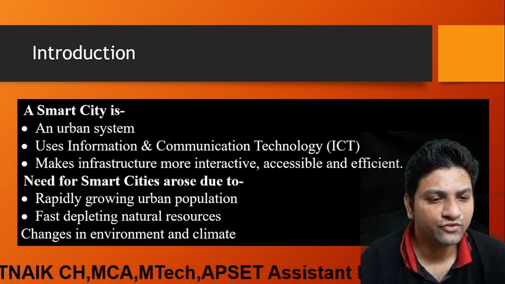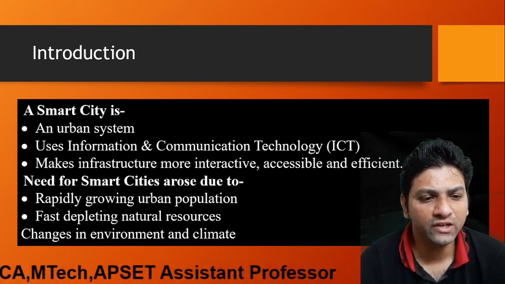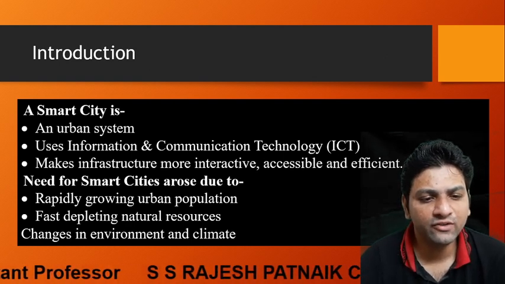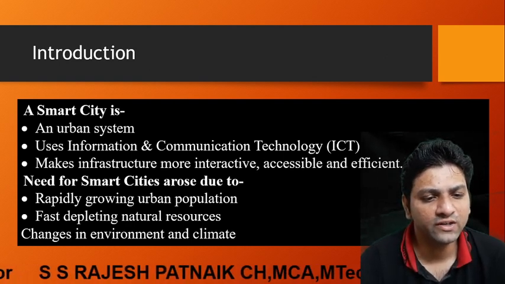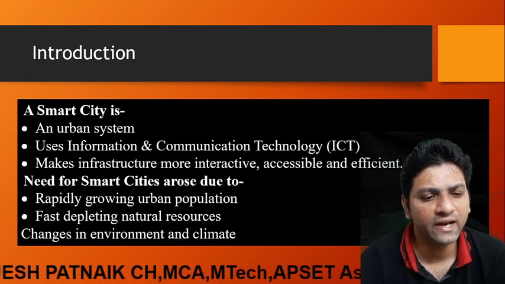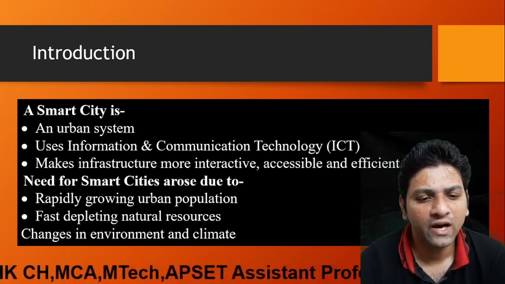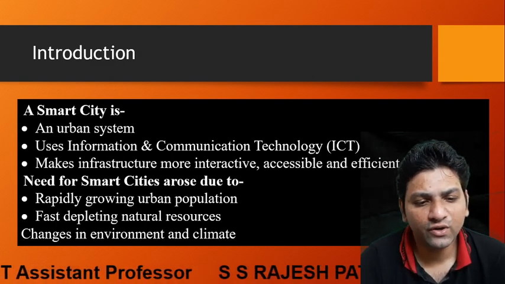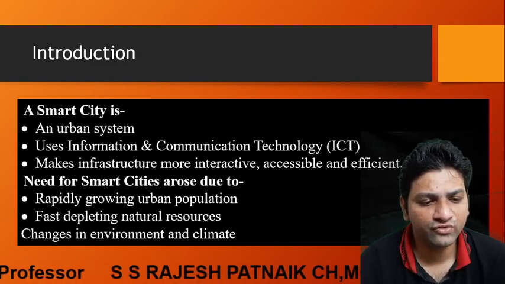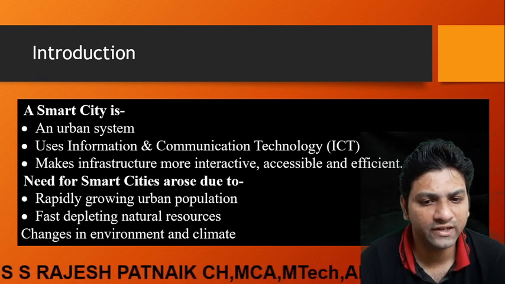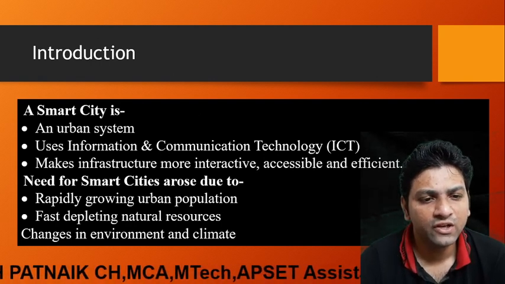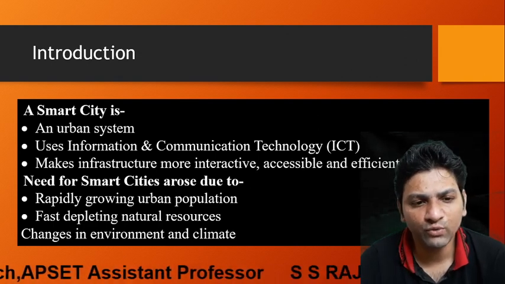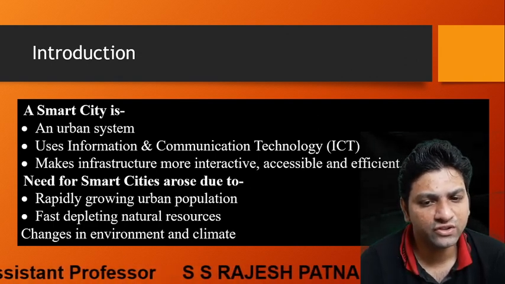Why should we go for a smart city? The need for a smart city comes from the rapidly growing urban population, the fast depleting natural resources, and the changing environment and climate. In these situations, lots and lots of IoT devices are used nowadays.